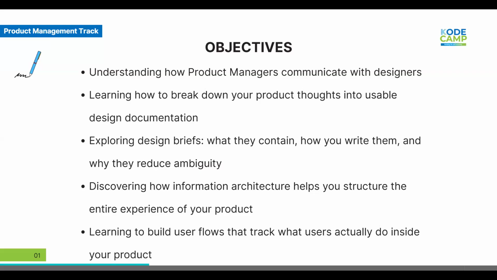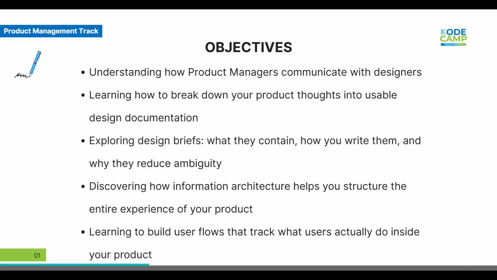What we are doing today is replacing those vibes with actual structures, right? Structure that designers can work with, structure that developers can build from, structure that the QA can test against, and structure that your business can understand and support as well. By business, I mean the people supporting your brand and your business, right? Your stakeholders.